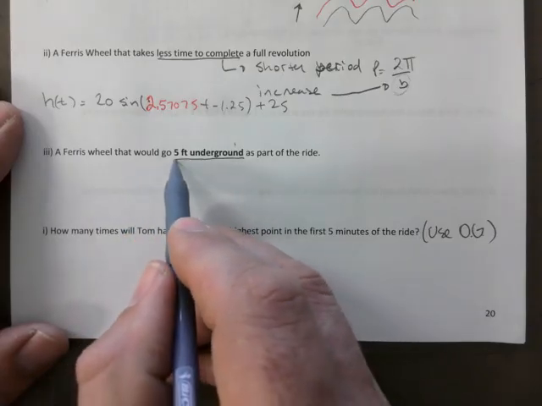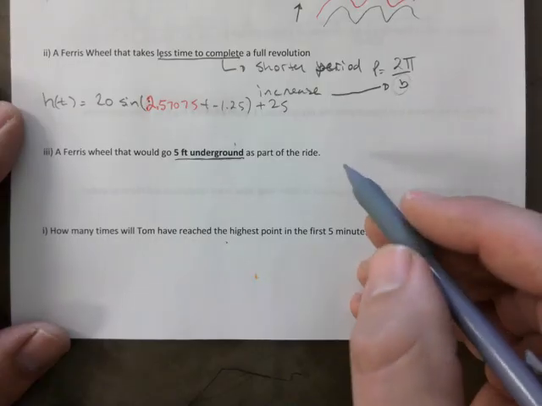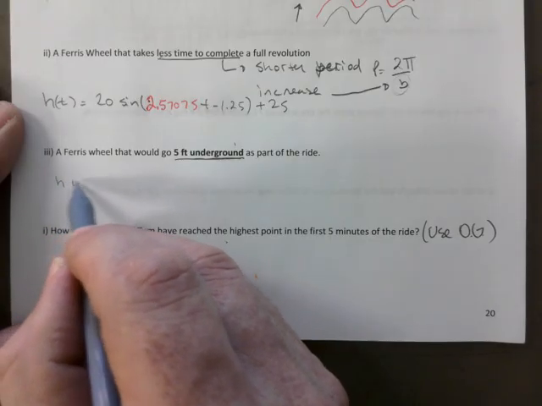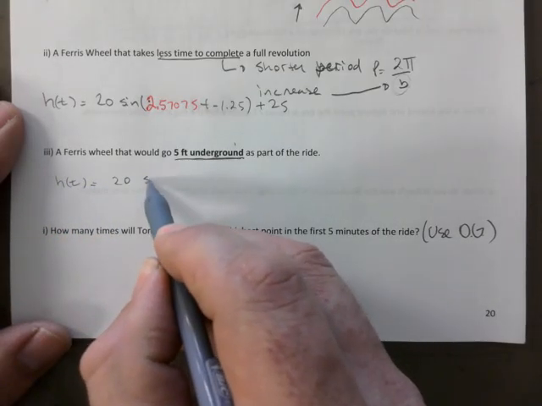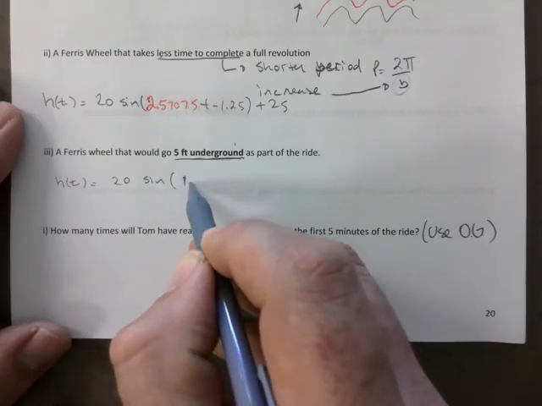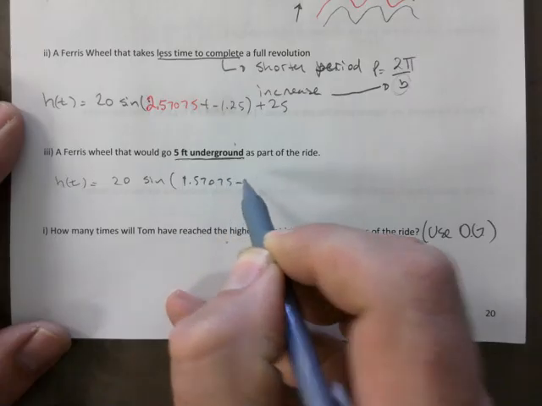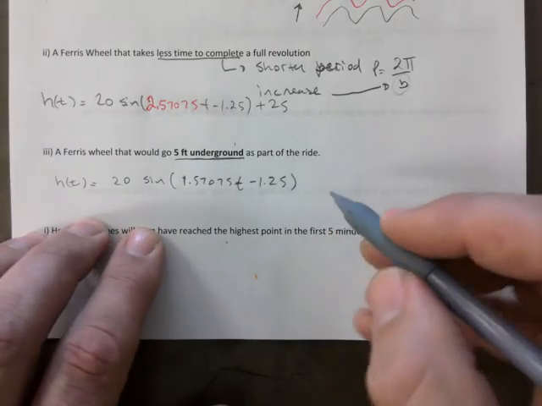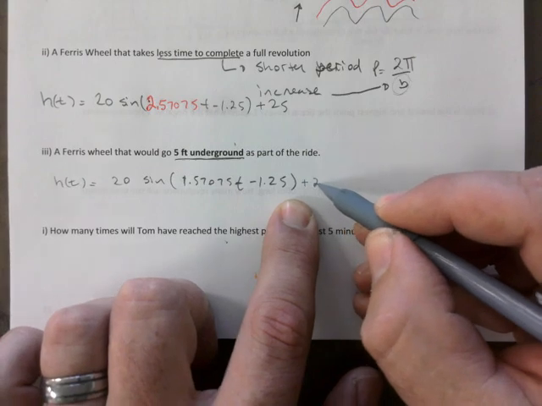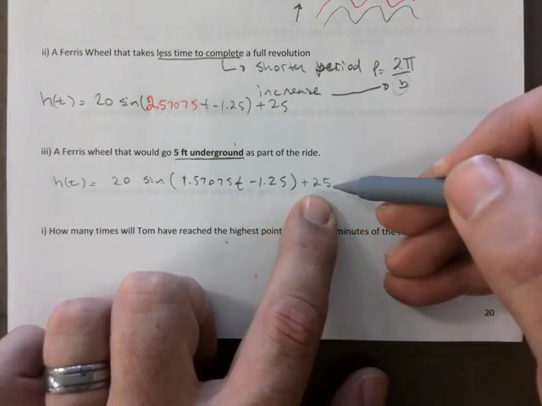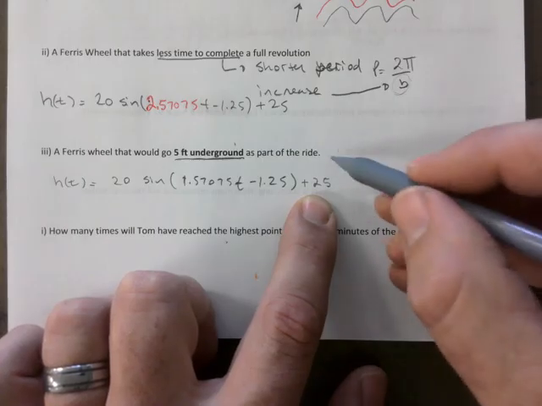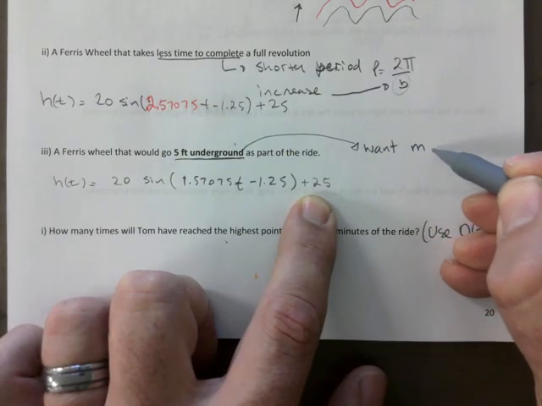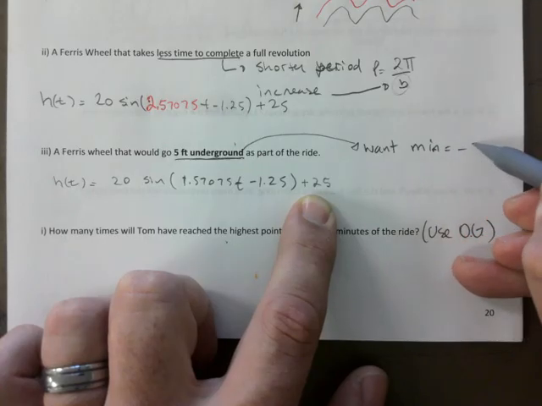All right, you want 5 feet underground. So if you maybe write out the equation as is, and I'm going to erase this, but for now let's just put it this way. You want your minimum to be what? -5, okay? We want the minimum to be -5.